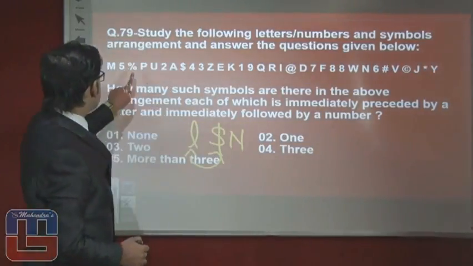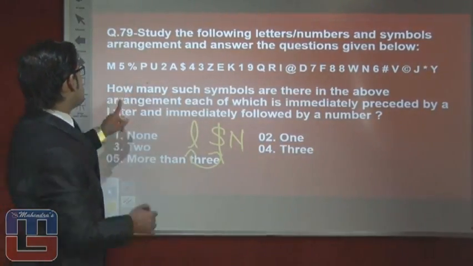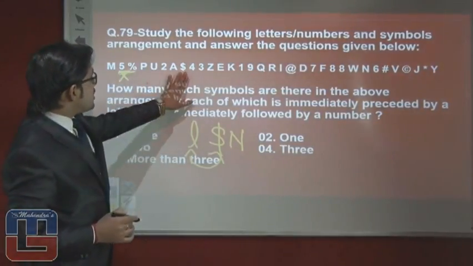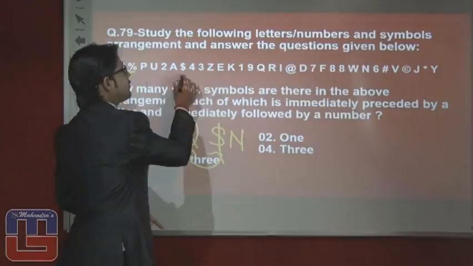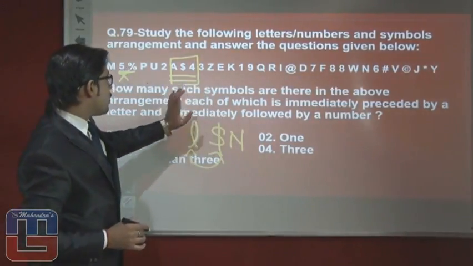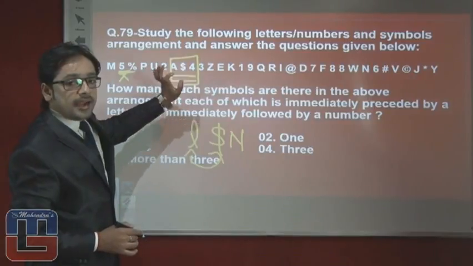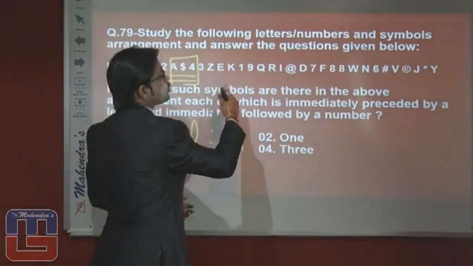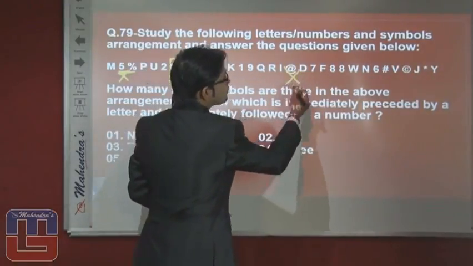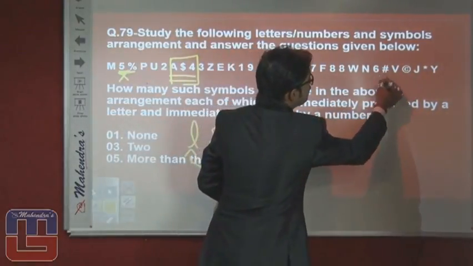Now we can check it. Symbol is there, letter is there, number is there. First pair will be $4. You can easily find, first pair we have already found $A and 4. Next we have to move on towards the next further statement. @ID, false. #6V, false.